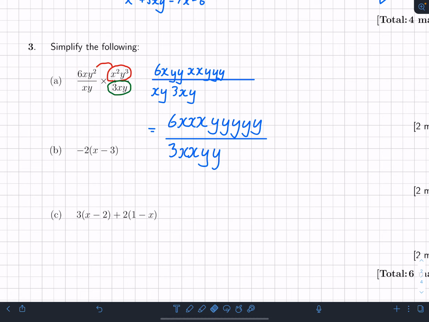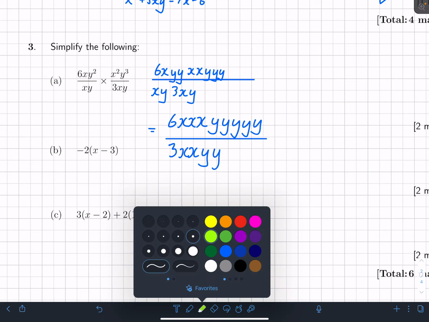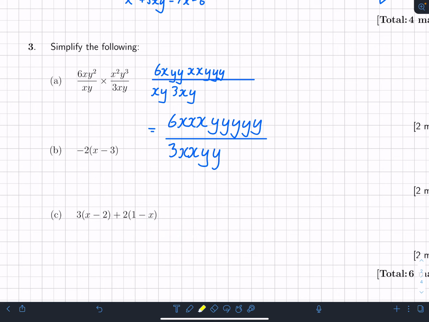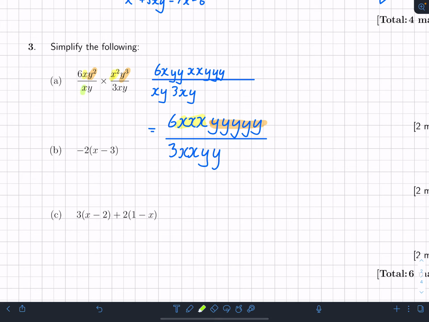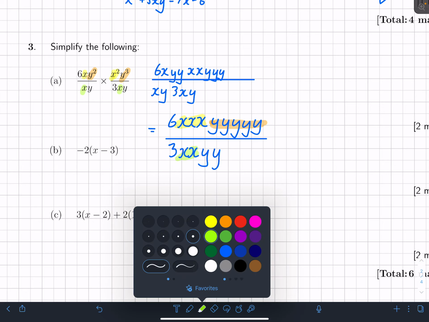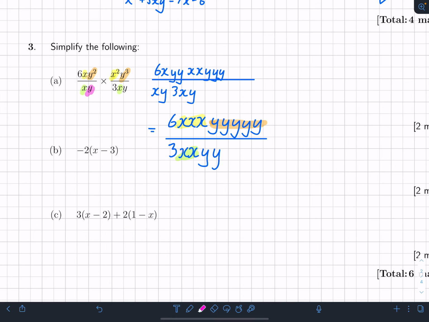And if we look at that and just compare it with our original expression, in the numerator we had an x and an x squared, so that's x to the power of 3. Also in our numerator we had y squared and y cubed, so there's 5 of them. Down to our denominator we had an x and an x, so that's an x squared. And finally, we had a y and a y, so that's y squared.